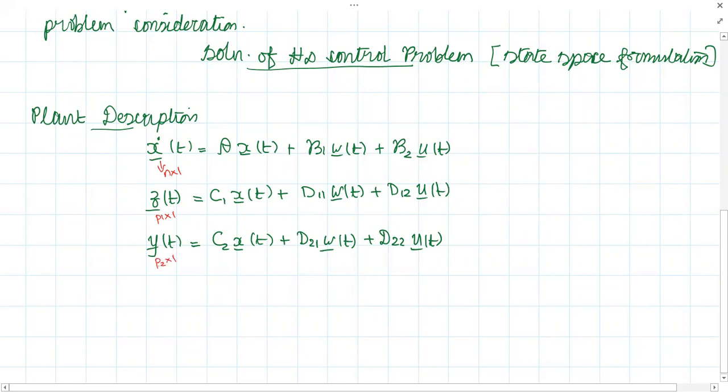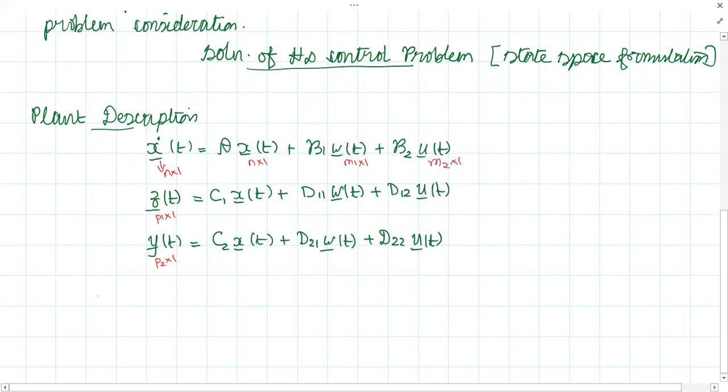What is the size of x here? If x dot is n cross 1, what size of x? N cross 1. Let w be m1 cross 1, m1 rows and 1 column, and u be m2 rows and 1 column.